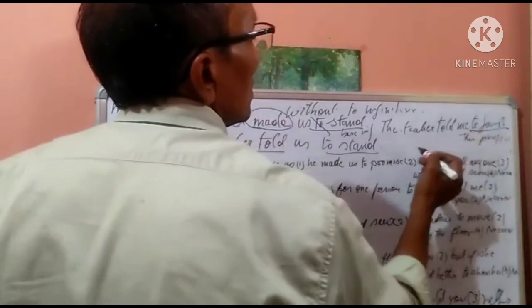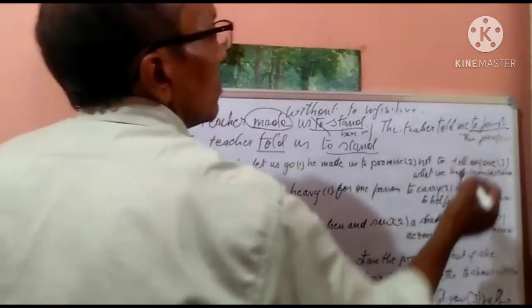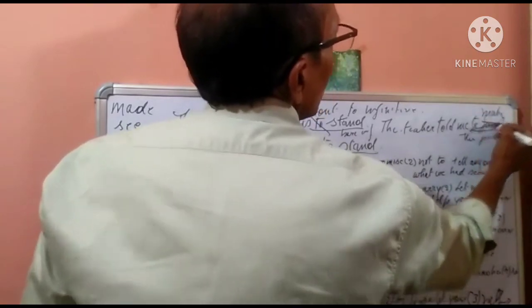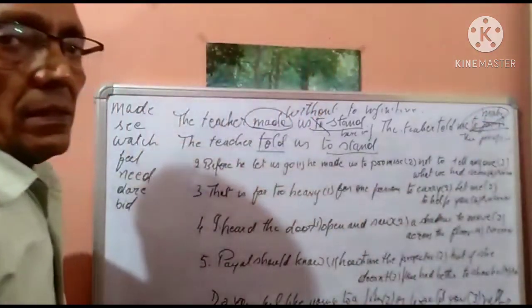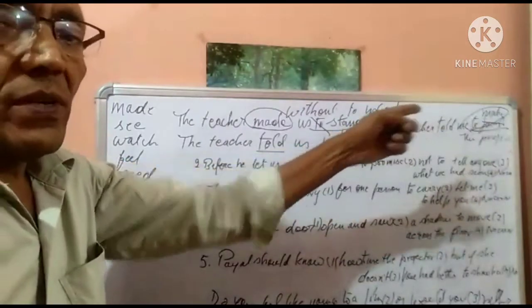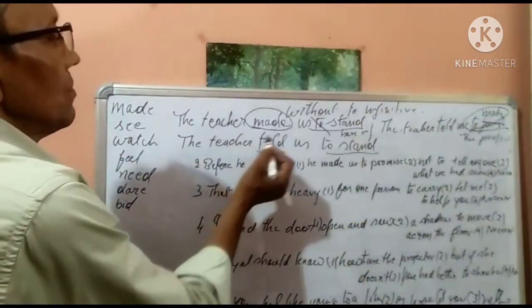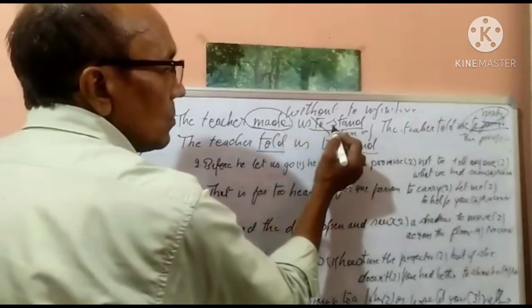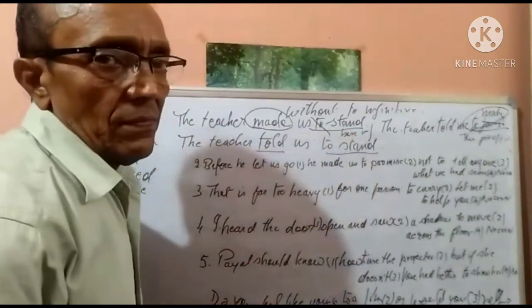So here the teacher told me to make, not finish, to make. Here with make we will use to make. That is a different thing. That is to infinitive. But what I am trying to say, when the main verb is made, then we do not use to infinitive.